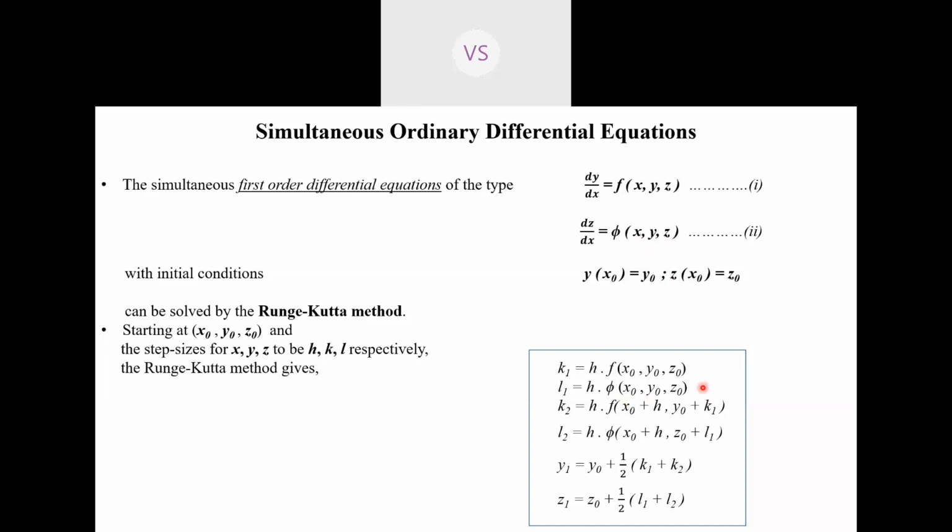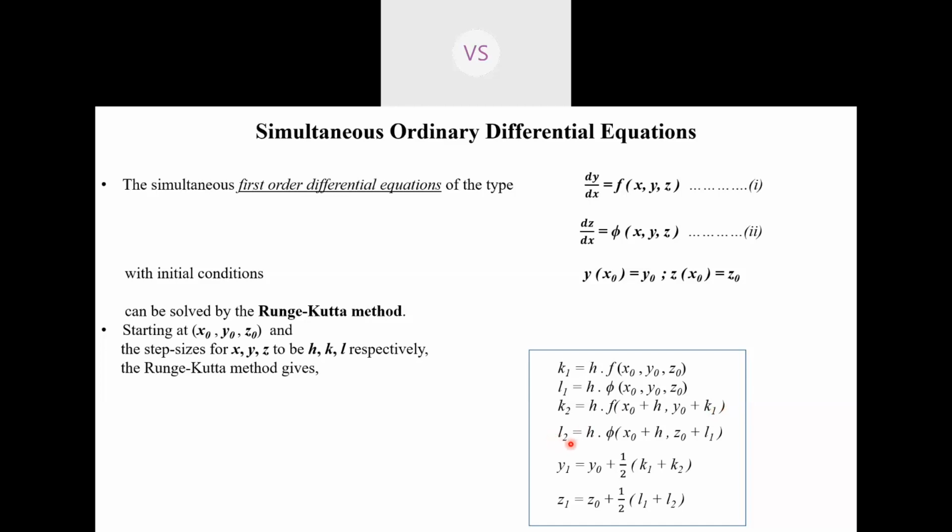Then you have to find the value of k2. So k2 will be h into f of x0 plus h, y0 plus k1, and here one term is remaining, z0 plus L1.